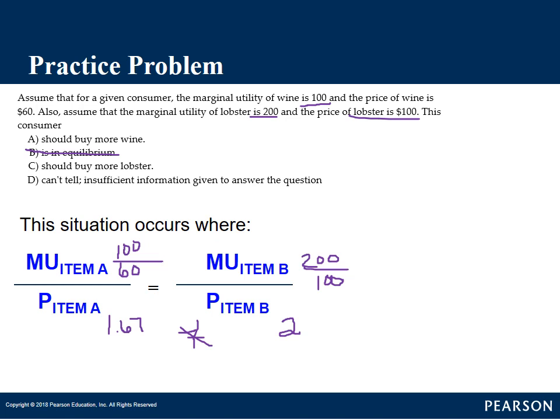Okay, so now we need to figure out how these ratios might change if we consume more wine or if we buy more lobster. Now, if you remember, the marginal utility of a specific product will decrease with the greater amount of that product that you have.